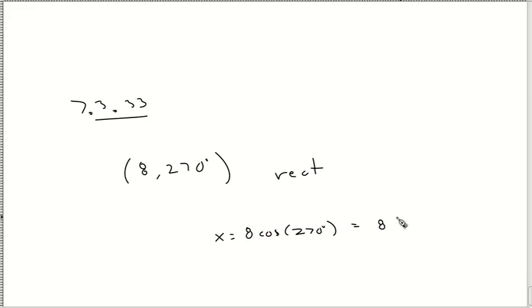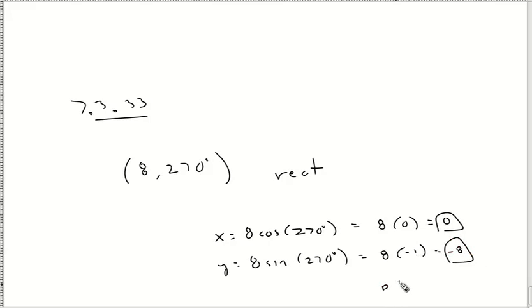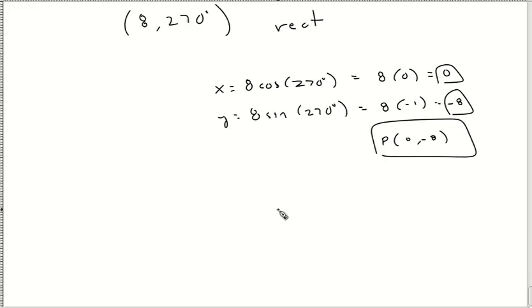Well, the cosine is going to be 0, so you get a 0 out of that. It's kind of odd. And then my sine is a negative 1. It's negative 8. So then my point in rectangular coordinates would be 0, negative 8. There we go. Cool.